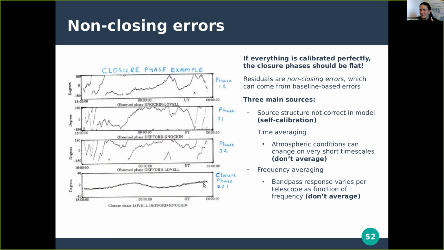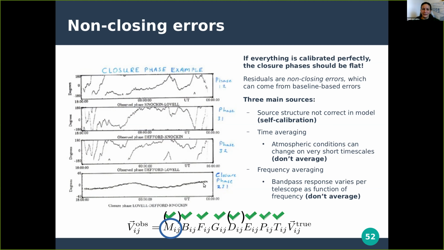And so again, we cannot solve for this non-closing error, but what we can do is not average in frequency. So that kind of takes care of the last Jones matrix, and I've put this in parentheses because it's not necessarily something that we always solve for. It is sometimes something that we mitigate by not averaging in time and not averaging in frequency, but it can be solved for with self-calibration, which is handled in another lecture.